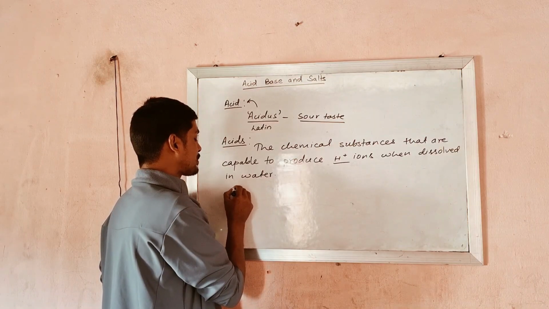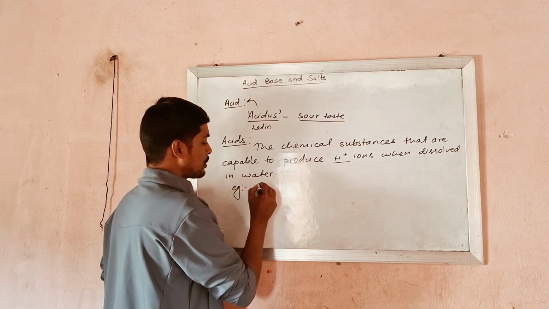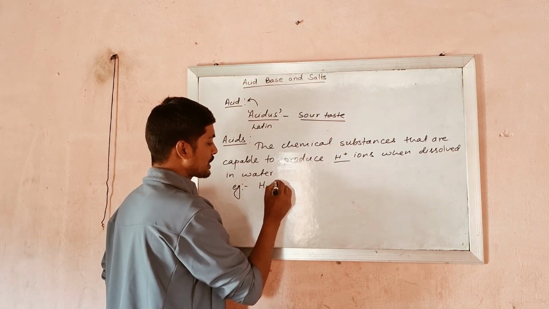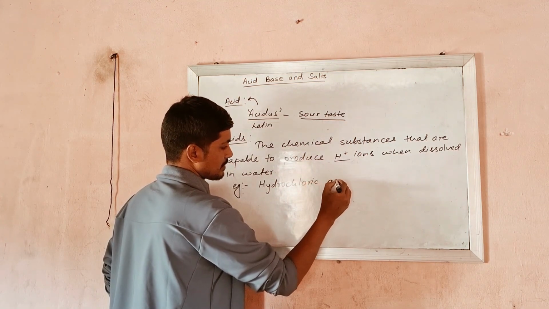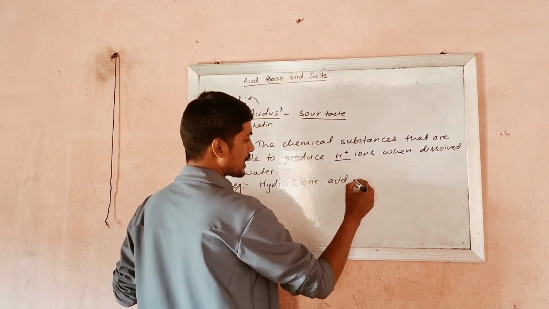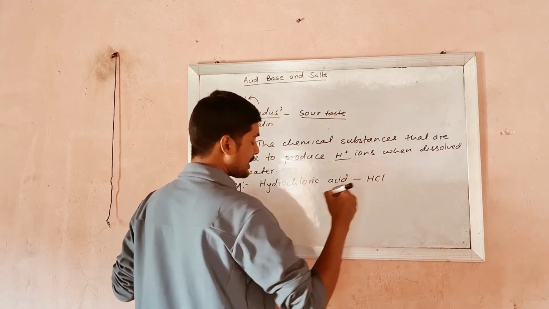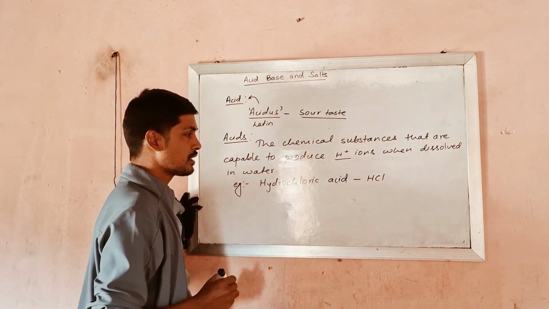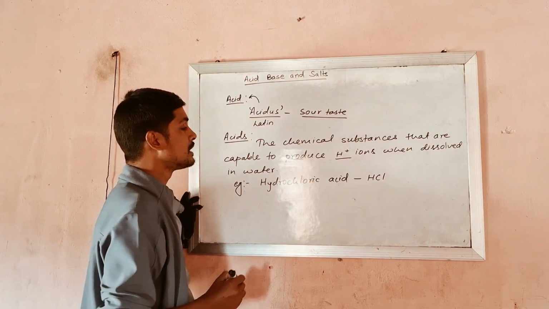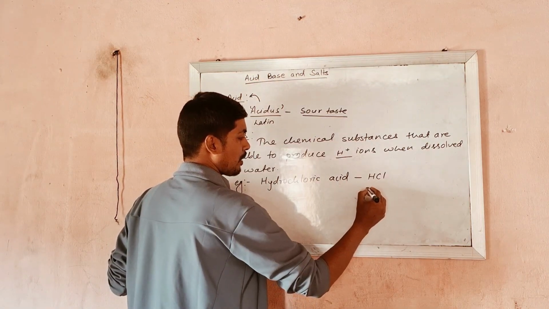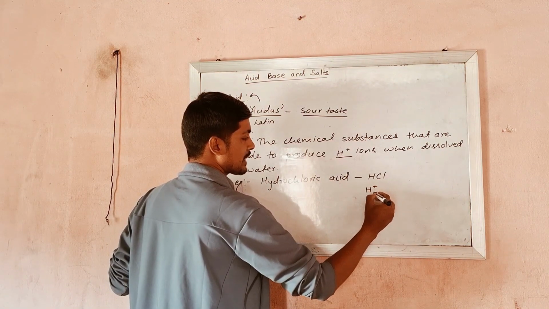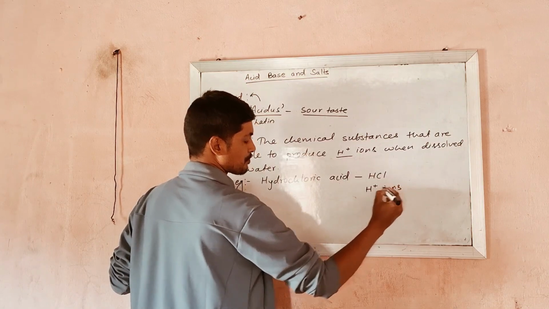For example, we have some acids here. This is hydrochloric acid, the molecular formula is HCl. When this HCl is dissolved in water, it gets dissociated and gives H plus ions in water.